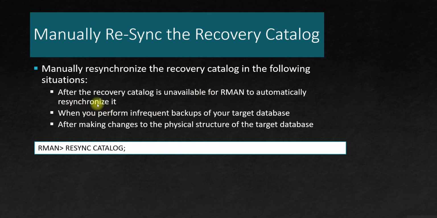If by chance your recovery catalog database is not available for some time, and your control file is keeping all that information in its repository, then as soon as the recovery catalog database comes up, you can manually run resync catalog, and RMAN will take the snapshot of the control file and synchronize the details from the control file to the recovery catalog database.